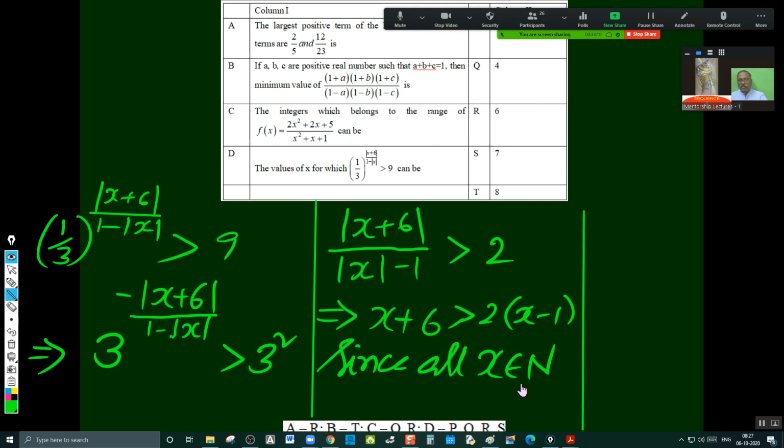Only thing you have to decide: so this is what I say, 2x minus x less than 8, x less than 8. What are the values given there?